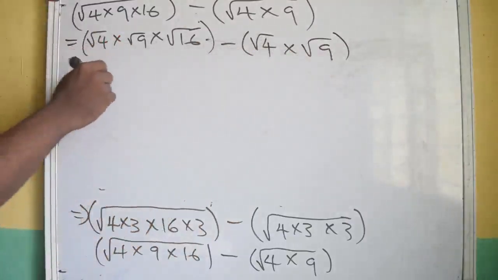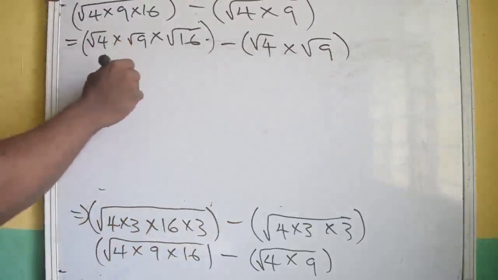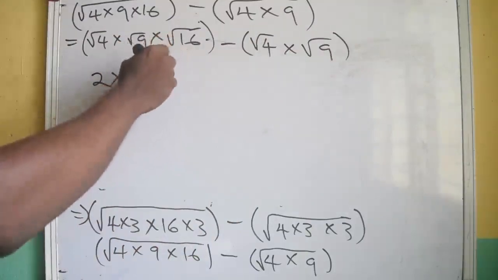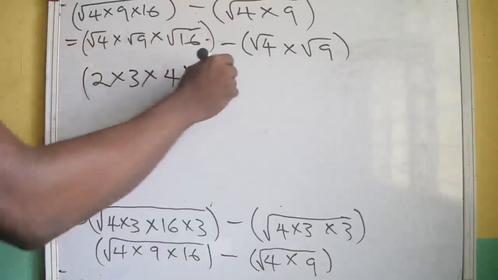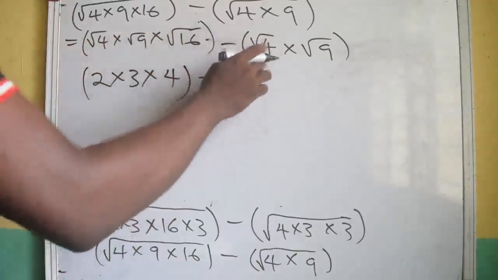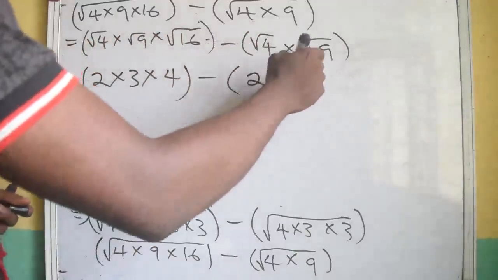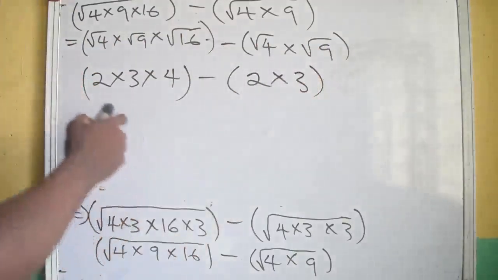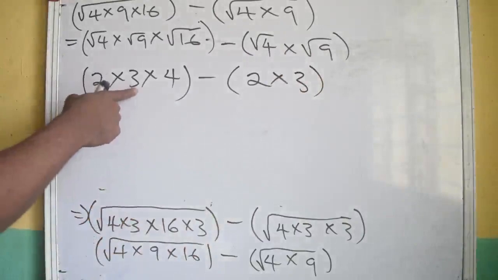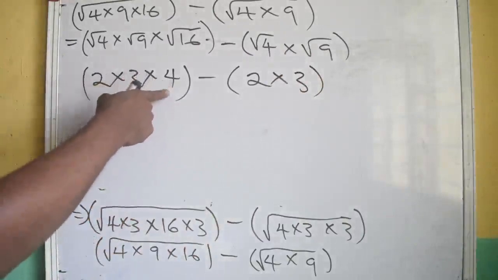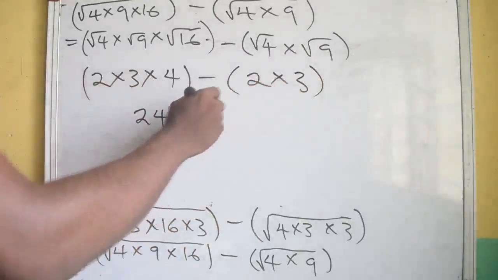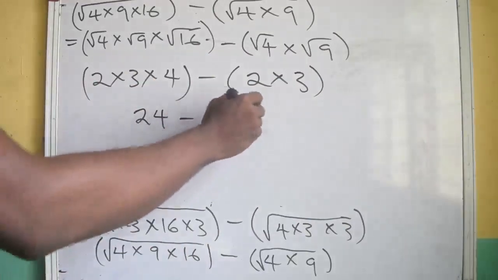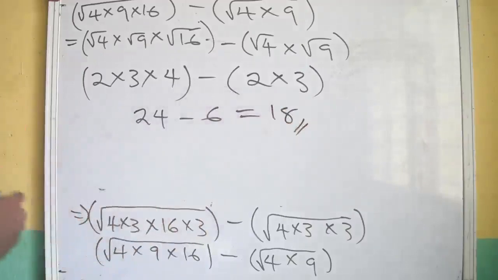Root of 4 is 2, times root of 9 is 3, times root of 16 is 4. All of them are perfect squares. Put our bracket, minus root of 4 here is 2 times root of 9 is 3. So 2 times 3 is 6. 6 times 4 is 24, minus 2 times 3 is 6. So this minus this is nothing but 18. So this is our answer, virtually 18.